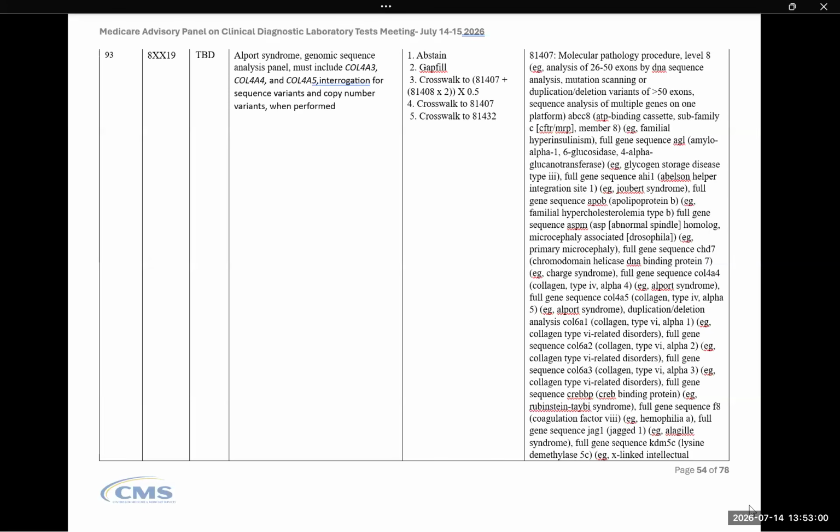Okay, because I noticed we didn't put, I think it was 0629U, we didn't add their recommendation for 0077U. We just had the gap fill and abstain. Which number is that one? I think it was, take a look at 0629. Yeah, I can answer that.